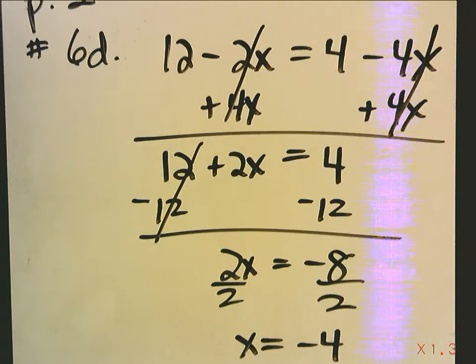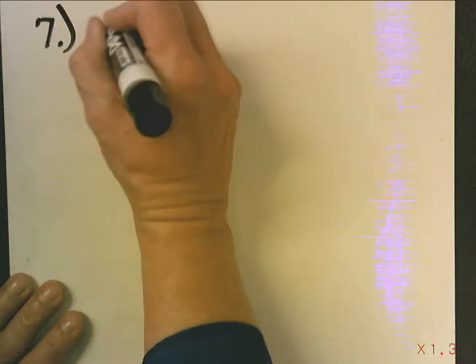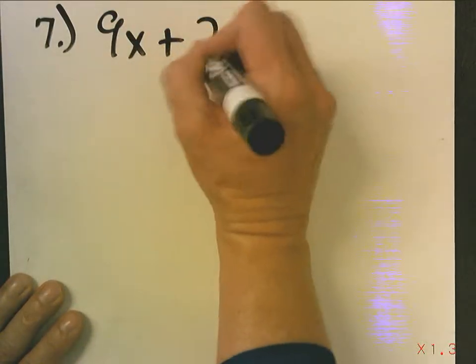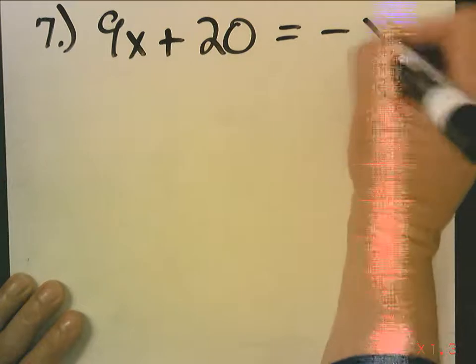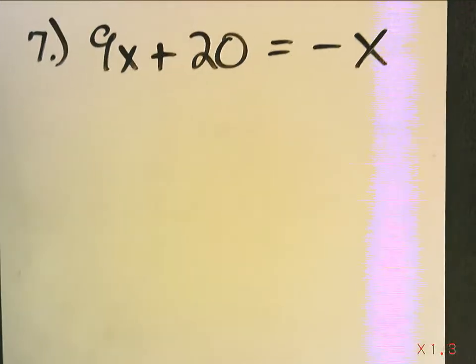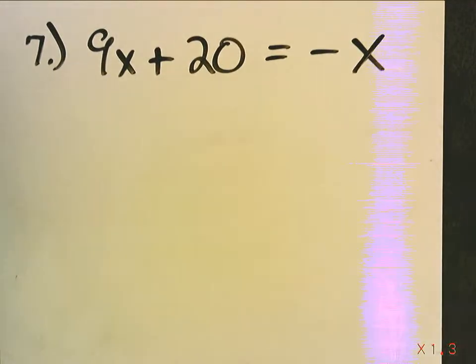Okay? So now, let's look at number 7. Number 7 is 9x plus 20 equals negative x. Now this doesn't look that hard, but trust me it is, because what some of you will do, and see if you can catch my mistake, I'm going to do this wrong.